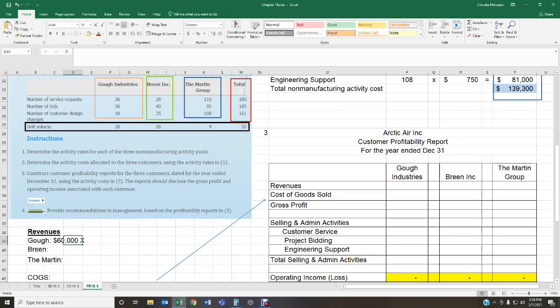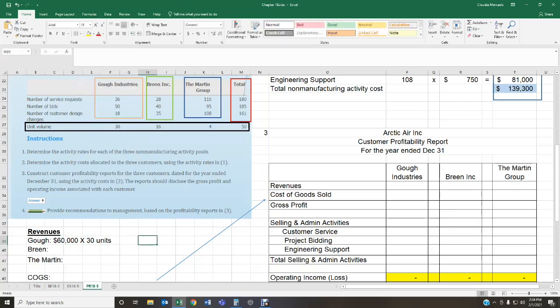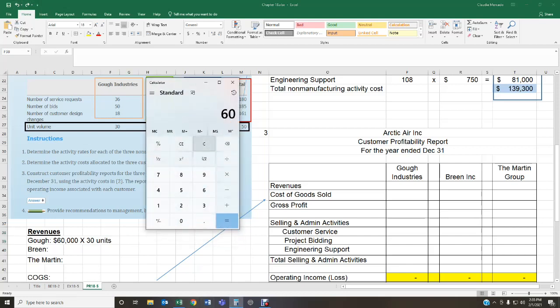So I'm going to multiply the 60,000 times the 30 units, and let's see what that gives us. That's $1.8 million.